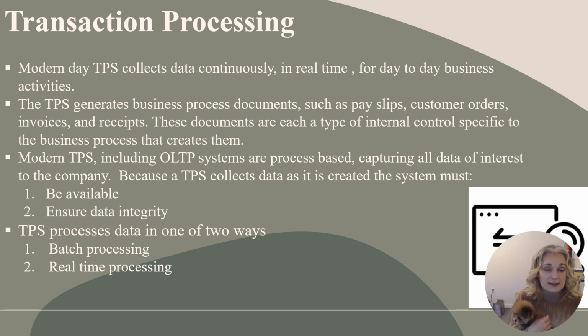Because our transaction processing system collects data as it is created, it's important to ensure that the system is always available, so there's no outages or crashes, and that the data recorded is correct so that you have data integrity. And there's two types of ways that transaction processing systems can process data. That is either using batch processing or real-time processing, and we'll get into that more in the next slide.